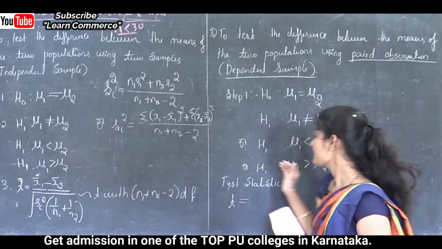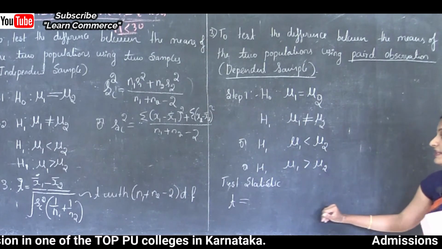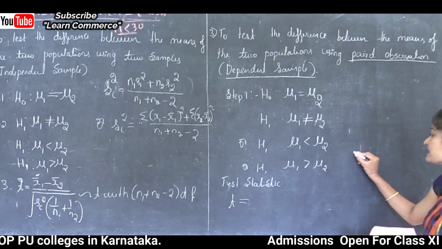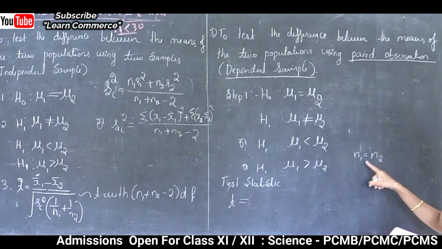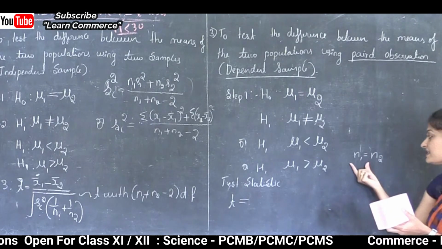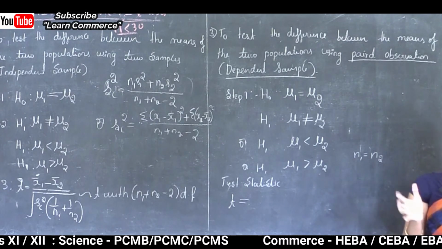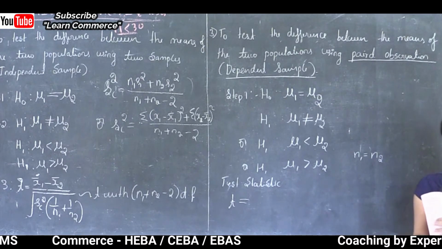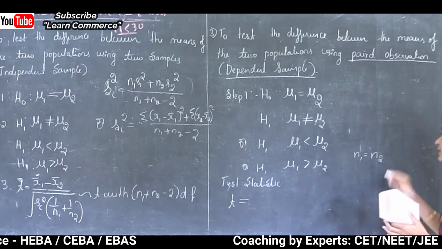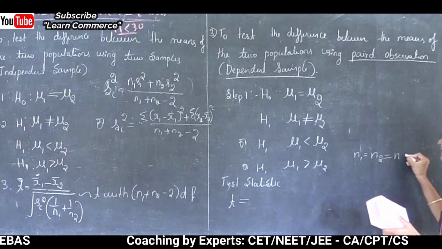But here sample sizes are equal. n1 is the sample size of the first set of observations, and n2 is the sample size of the second set of observations. So here sample sizes are equal, that is n.